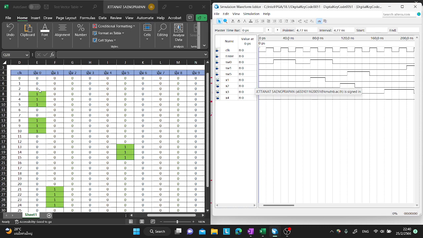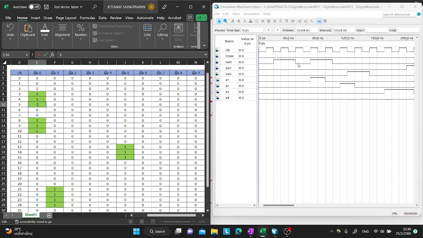is clock 2. When I press 1, the first LED shows it's working. But it's going to delay. It has a delay for the LED to show.